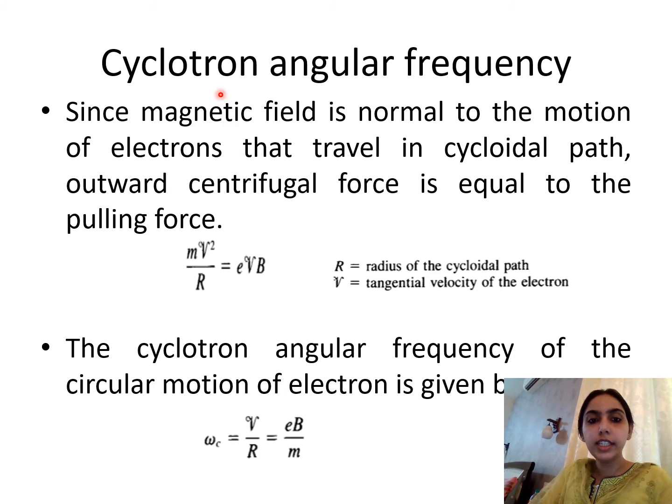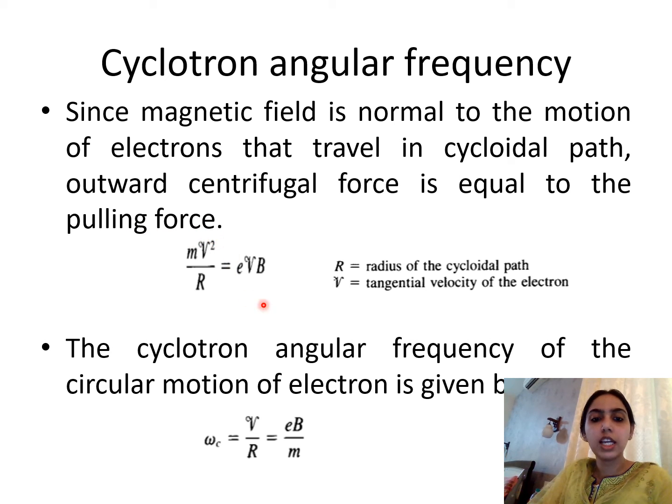Now we have already defined the cyclotron angular frequency for a magnetron. Since we are considering a cross field device where the electric field and magnetic field are perpendicular to each other, and the magnetic field is also normal to the motion of the electrons which are traveling in a cycloidal path, if we consider the outward centrifugal force on a favorable electron, it is equal to the pulling force on the electron.